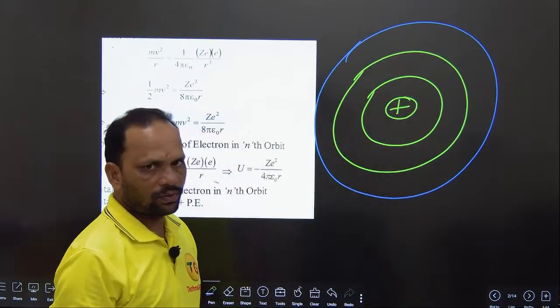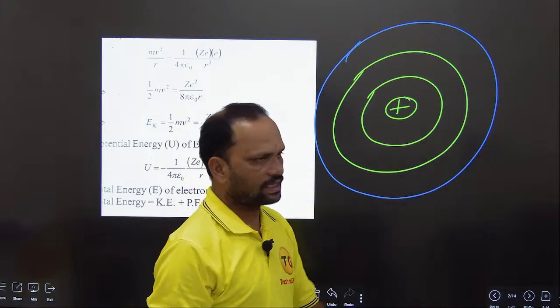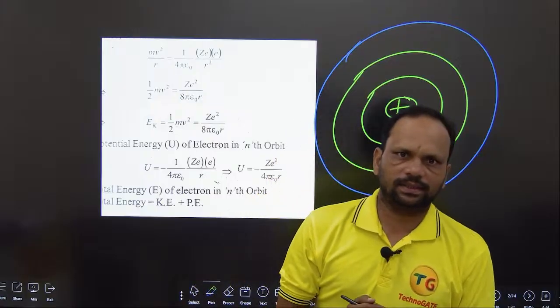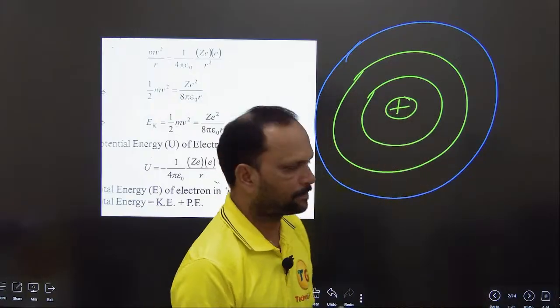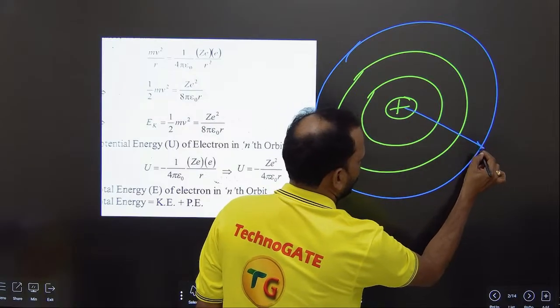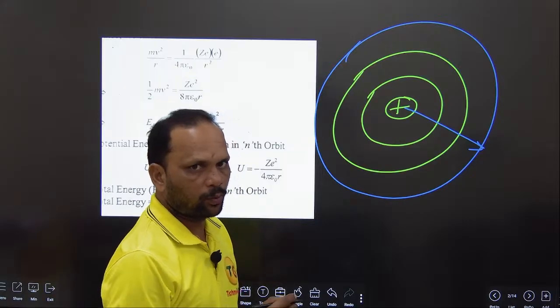Just now I gave that velocity decreases whenever the radius or principal quantum number increases. If velocity decreases, kinetic energy also decreases. Right?